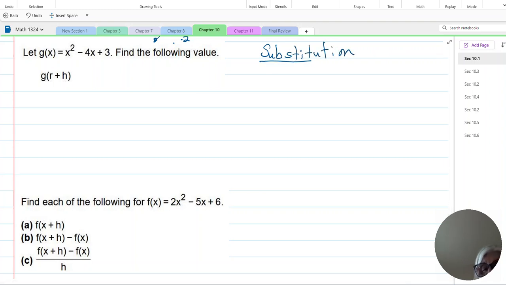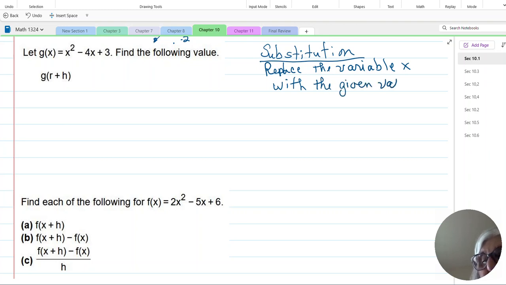Substitution is a big math concept where we replace the variable x with a given value.